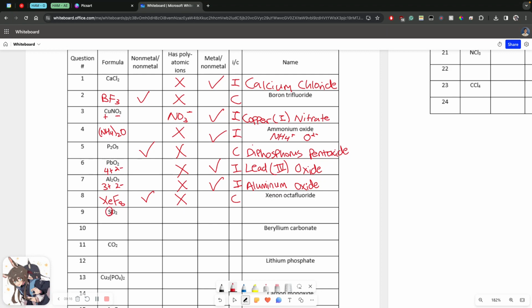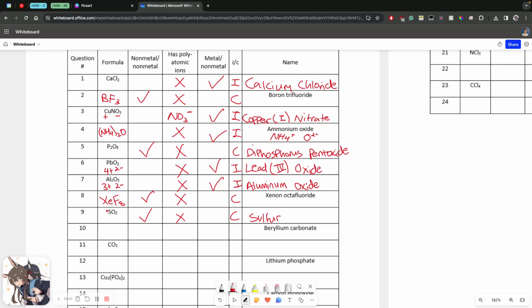So the next one, let's take a look. We have SO2. We know that sulfur is a nonmetal, which means it has a covalent type naming. And oxygen, oxide, is not a polyatomic ion. And so taking a look at SO2, we're going to write sulfur because we do not put mono in front of a single cation element or anion element up front.